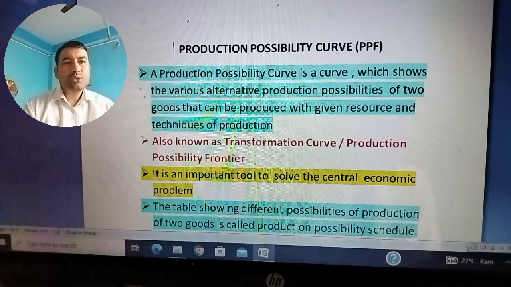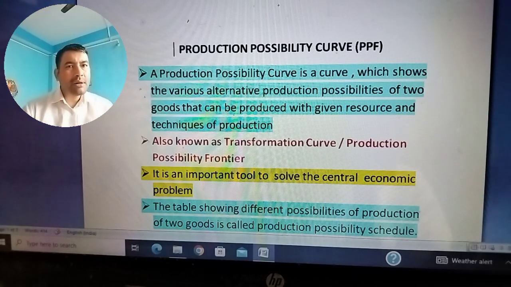Okay, so let's discuss. What do you mean by production possibility curve? See, we know that the resources are limited, and using that limited resources we have to produce different commodities.